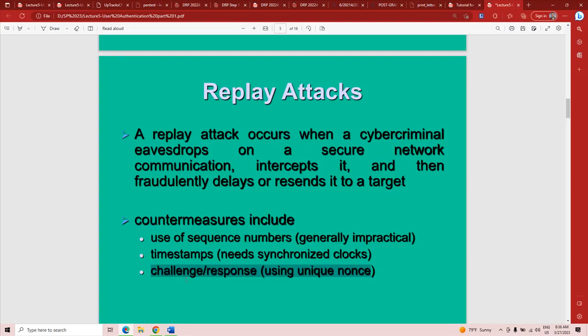We consider this challenge response using nonce. So students, the two important mechanisms which could be used to protect against replay attacks, or which could practically be achieved, are timestamps and the challenge response mechanism using the nonce value.